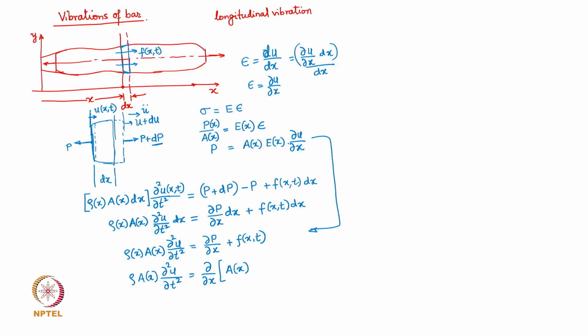Its cross-sectional property can change along the length. So A(x), but I can drop E as a function of x and keep it constant, then partial u by partial x as it is here, and of course plus f(x,t).